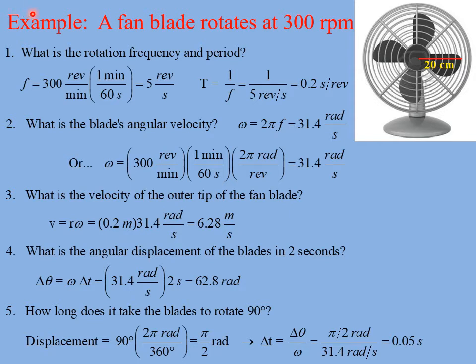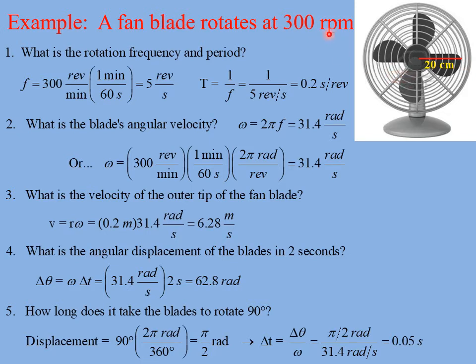As is always the case in physics, the real way to make sure we know and understand the physics is to solve problems with it. So let's take a look at an example which has 5 questions with it. We're given a fan blade in an electric fan, and it's rotating at 300 RPMs.